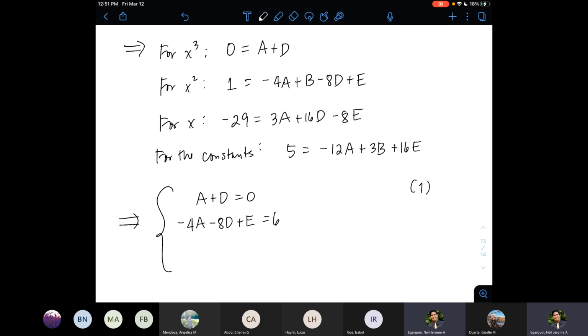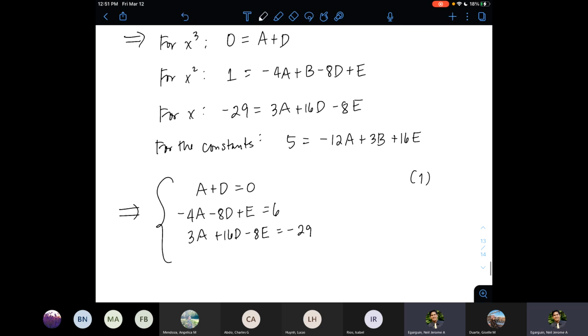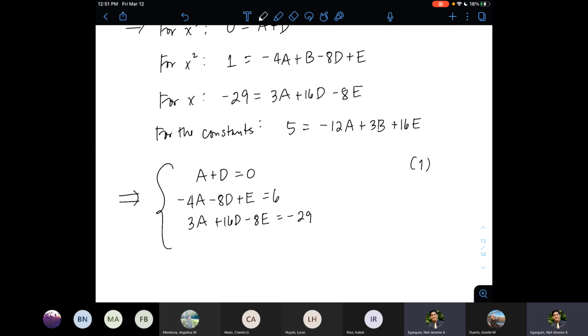And then the third equation will become 3a plus 16d minus 8e equals negative 29. Is that good? I think so. Okay. And then the last equation would be minus 12a.